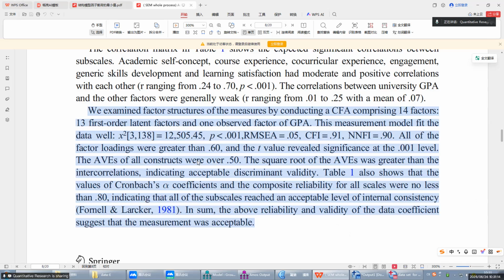Then you can see it mentioned AVE. The AVE of all constructs over 0.5. And square roots of AVE greater than the intercorrelations, indicating acceptable discriminant validity.